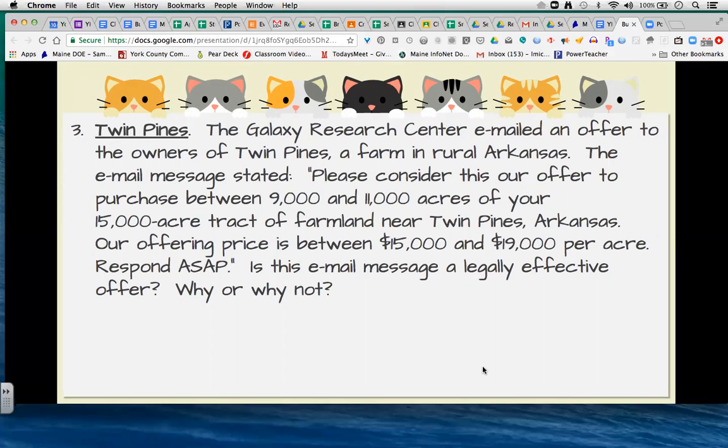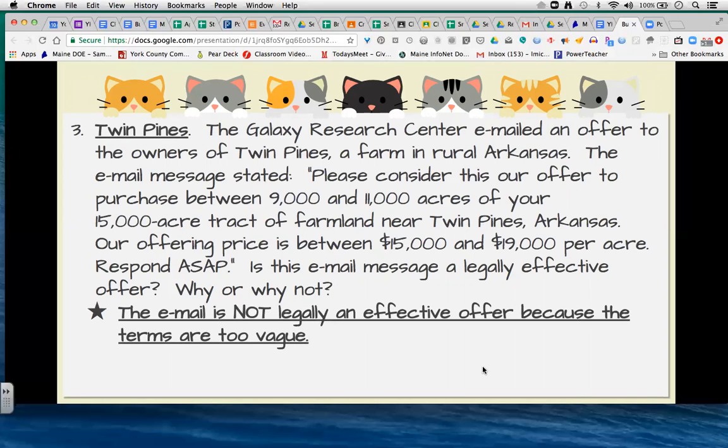Our offering price is between $15,000 and $19,000 per acre. Please respond ASAP." Is this email message a legally effective offer? Why or why not? Please return to your sheet and answer this question now. Feel free to hit the pause button while you do so.